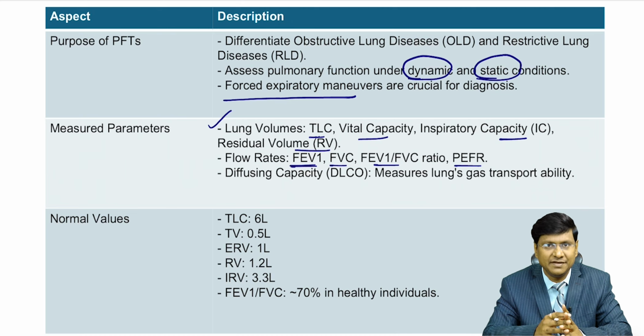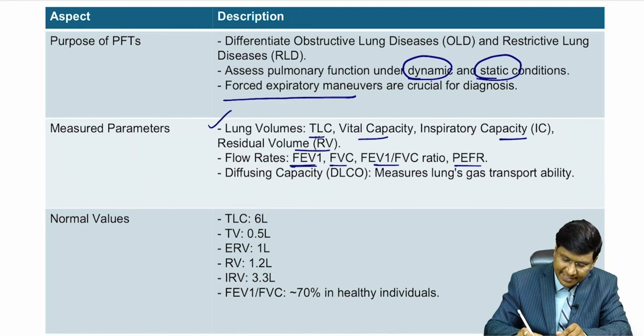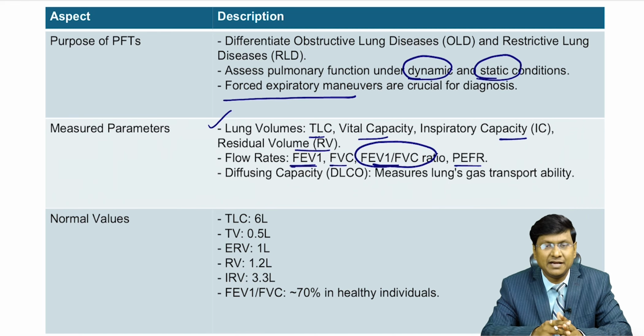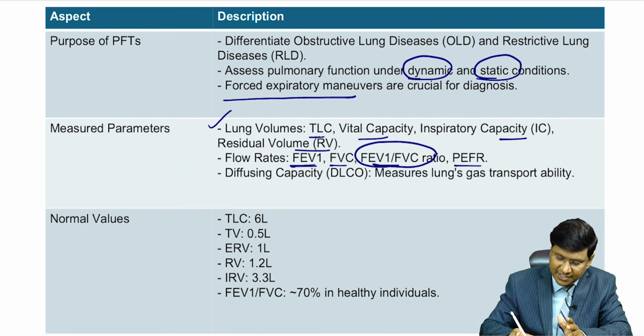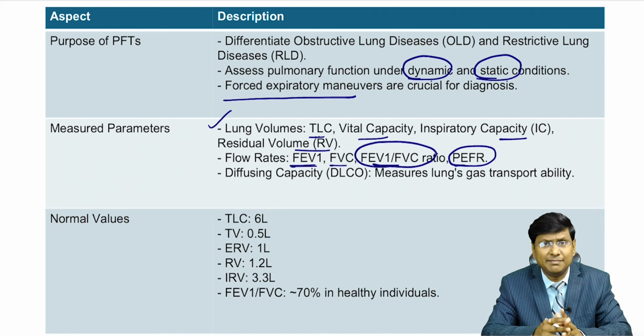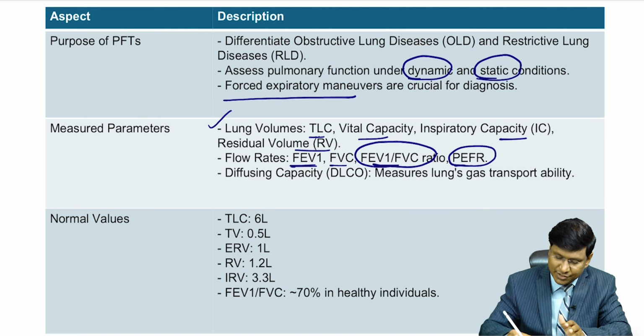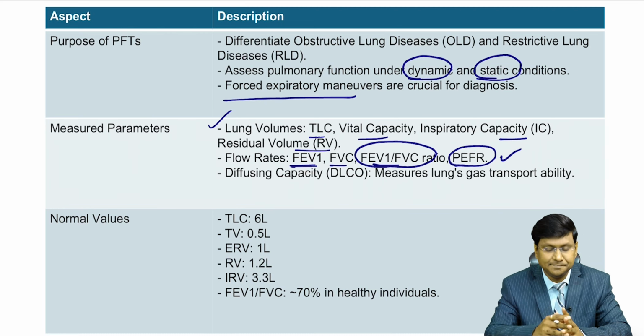FEV1 by FVC is a very important parameter which helps us differentiate obstructive from restrictive lung disease. The peak expiratory flow rate is the bedside method for assessment of pulmonary function. It is measured with the help of a peak flow meter.